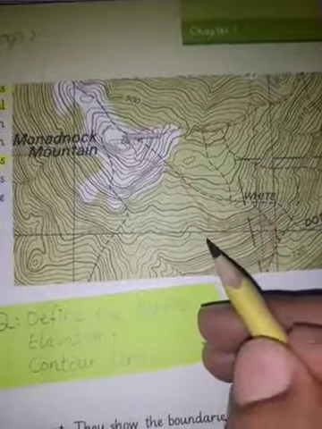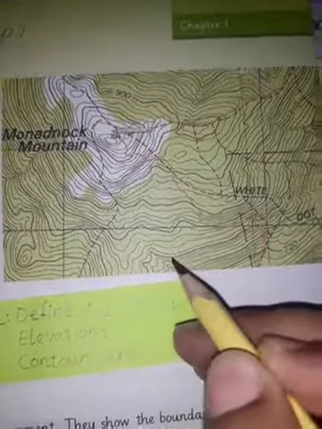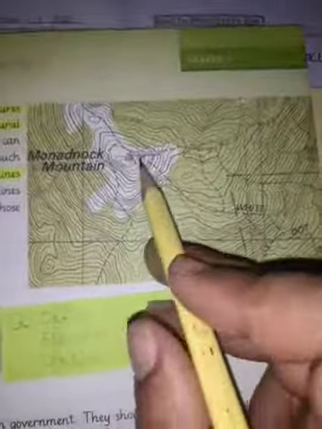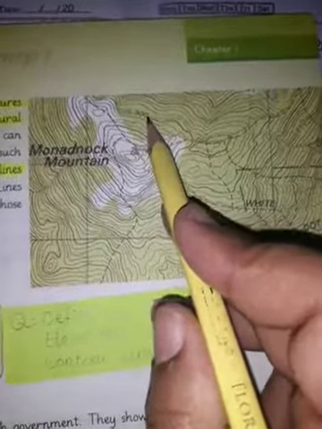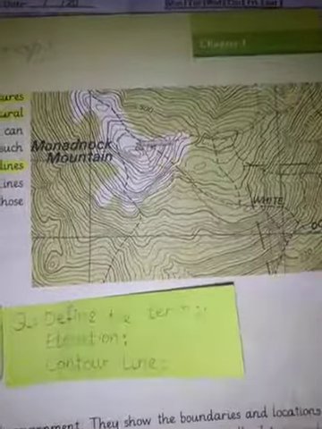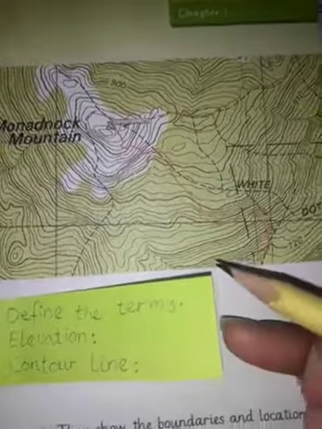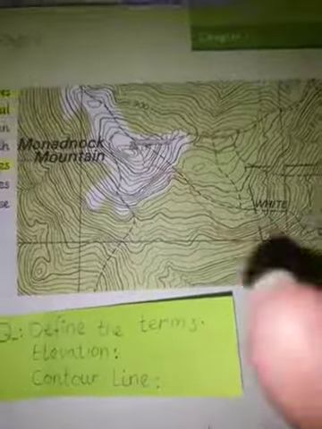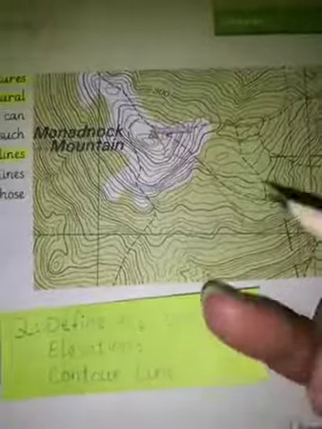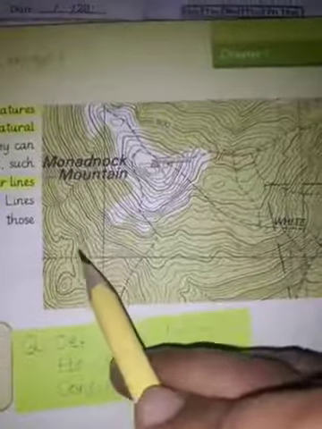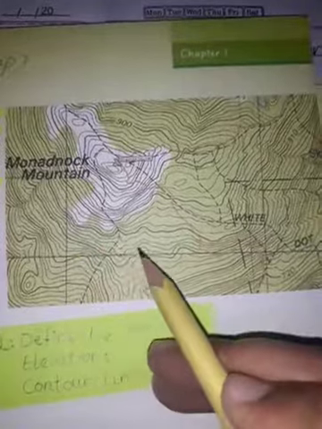And these lines basically are showing the shape of Earth's surface. You see, these lines show us the elevation of the land. Elevation is called the height of a place from the ground or sea level. It is the height above sea level. And you see all of these lines.